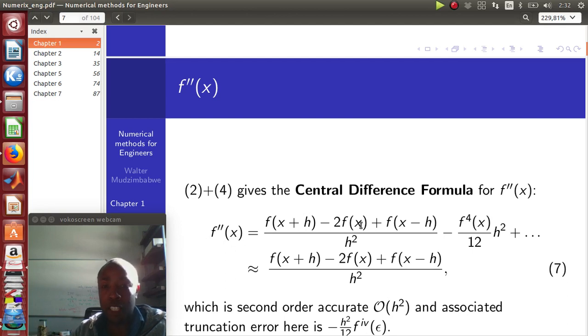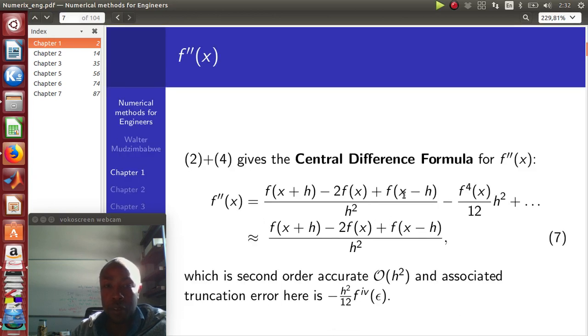Okay, you are going to get it like this. Once you have an approximation, you can immediately write down the order and the associated error, right? This is second order because, as you can see here, you have h squared, so that 2 there makes it second order.